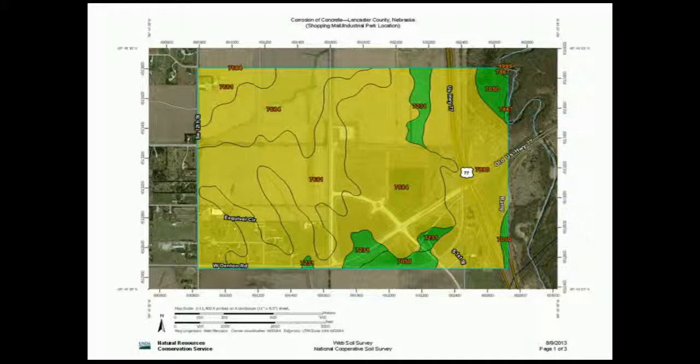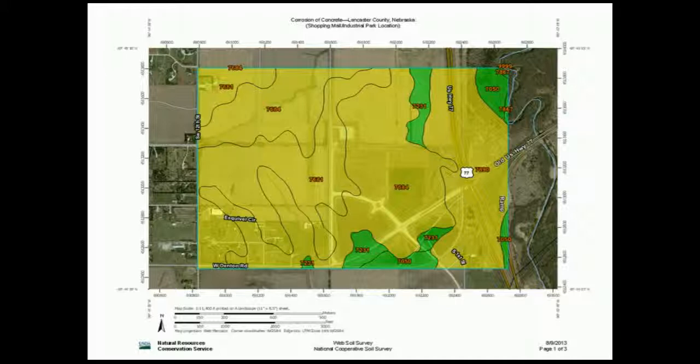So this map right here shows us basically how the soil in the area could negatively impact concrete if the concrete wasn't specially made for that type of soil to avoid corrosion.